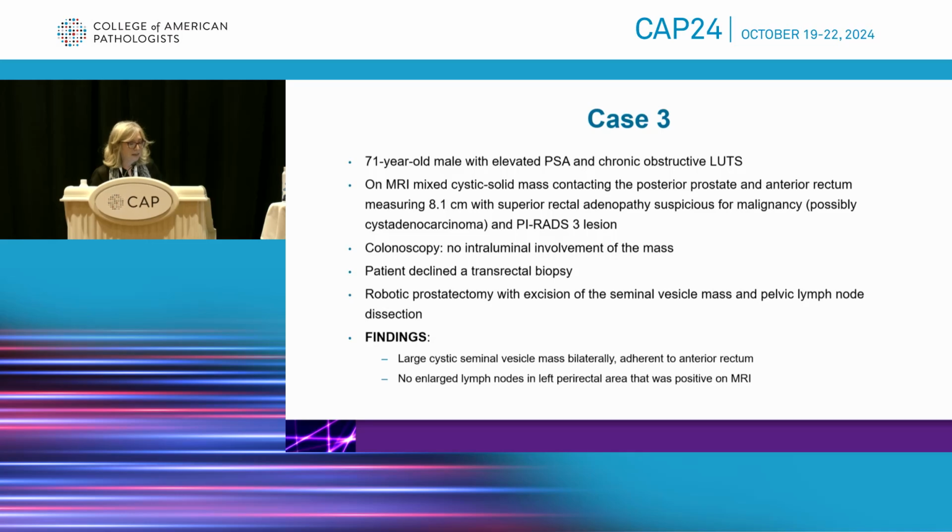The patient declined a transrectal biopsy, and a robotic prostatectomy was done with excision of the seminal vesicle, mass, and a pelvic lymph node dissection. On operative note, the surgeon found this large cystic seminal vesicle mass bilaterally adherent to the anterior rectum, and he didn't see these enlarged lymph nodes that were described on MRI.